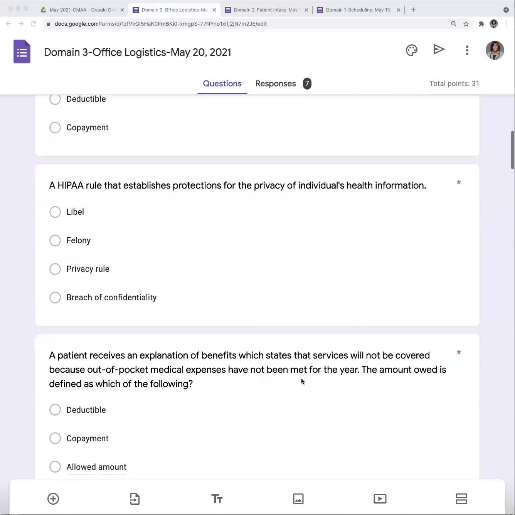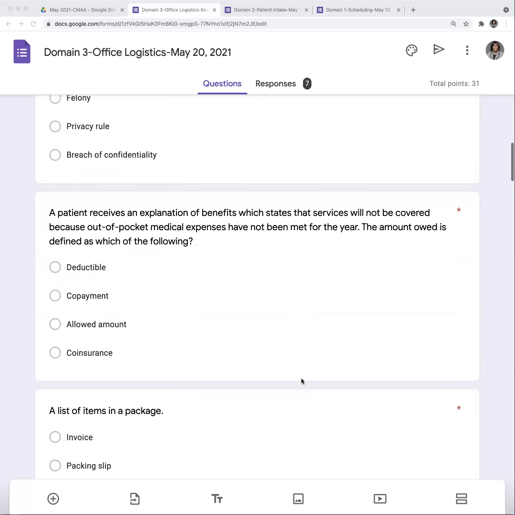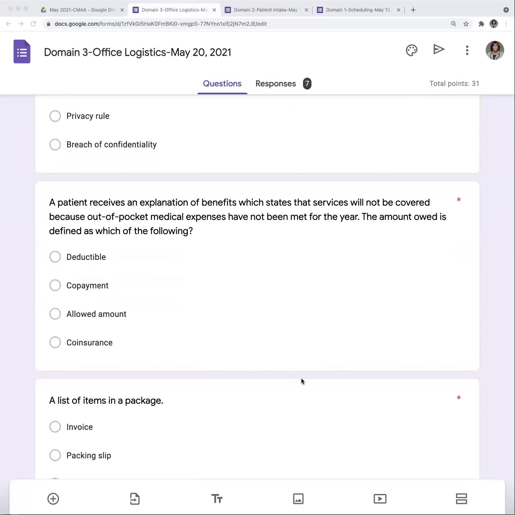A HIPAA rule that establishes protection for the privacy of the individual's health information. Privacy rule. Patient receives an EOB, which states that the services will not be covered because out-of-pocket medical expenses have not been met this year. So they have not met their what? Deductible.